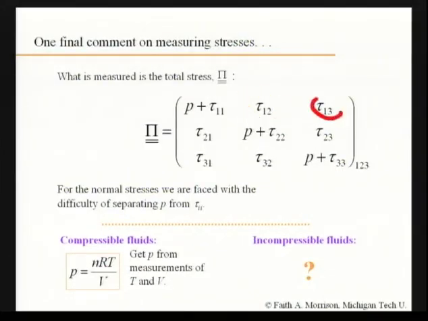But it's not going to measure tau 1,1. It's going to measure pressure plus tau 1,1. Okay, because it's going to measure the total stress. Remember what the total stress tensor is? It's the stress at a point. The shear stresses are unaffected, but the normal stresses all have a pressure attached.